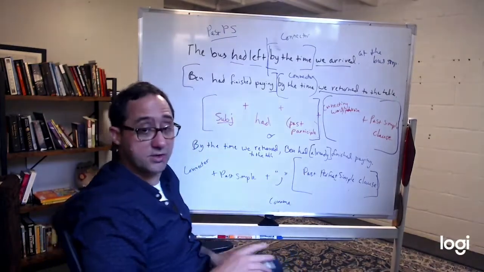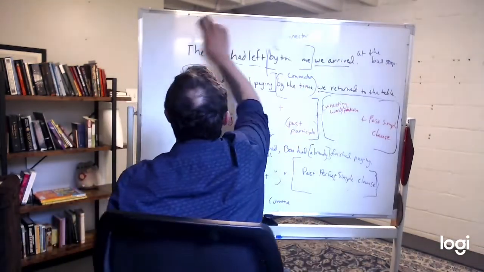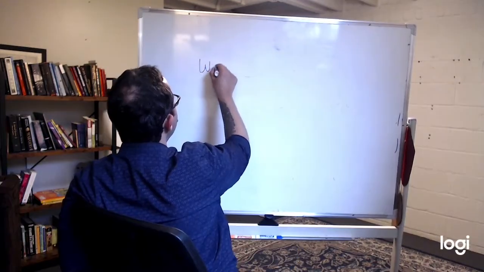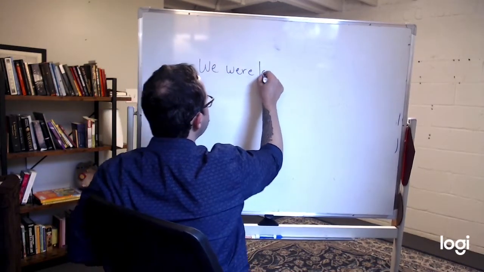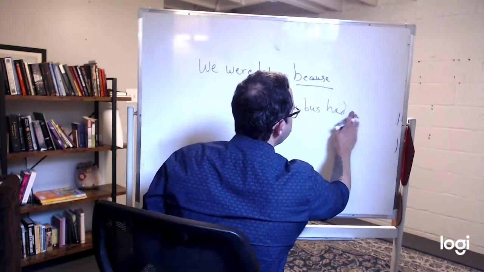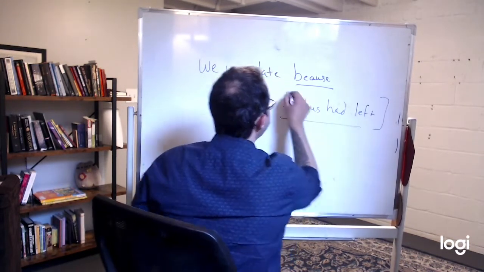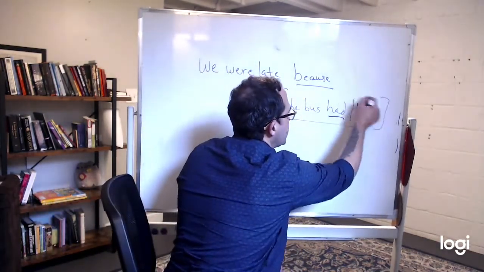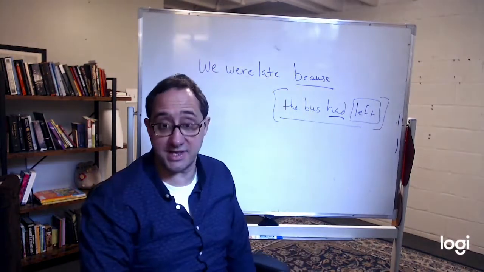There's also a third way of doing this. If you use because, and there's probably some others as well. We were late because the bus had left. Here's my past perfect simple. The bus had, and then the past participle left.